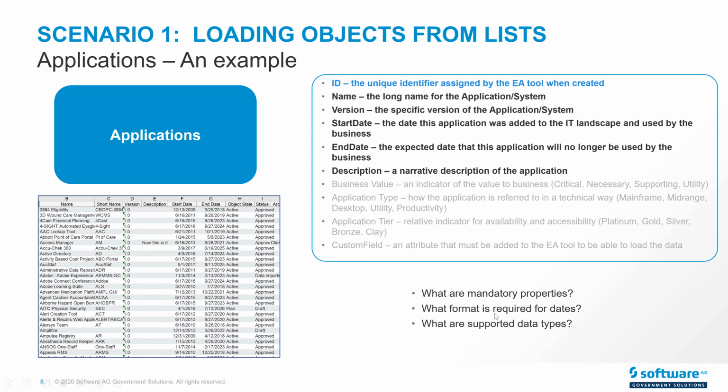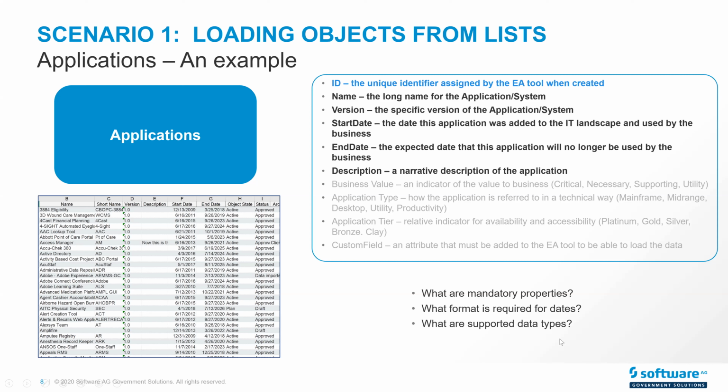We'll get the mandatory properties. We'll get the required dates. And sometimes I'll see dates entered as 2017, and I ask, where's the month and the year for that? So be very mindful of what date you're going to use for entering into date fields.